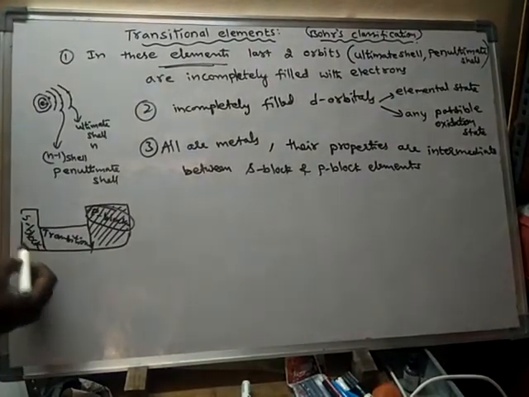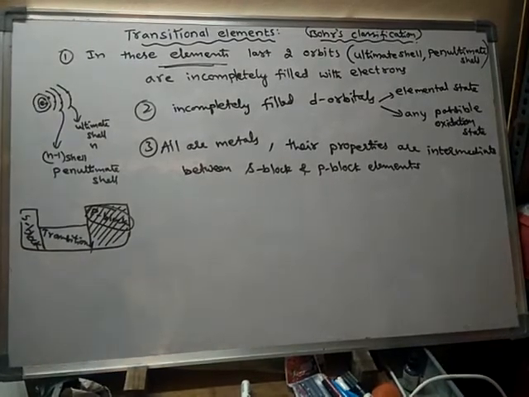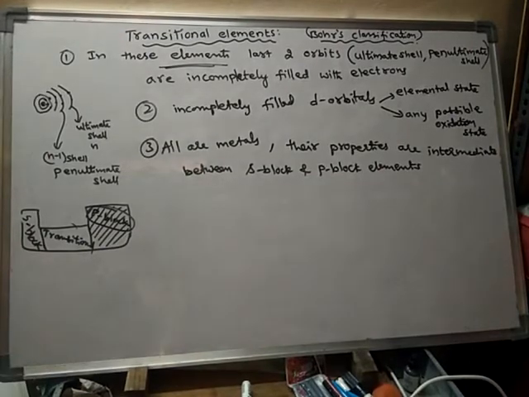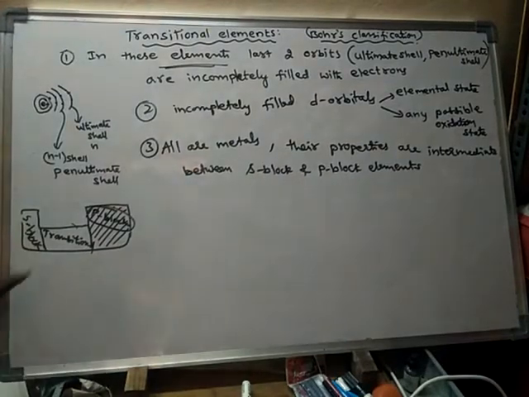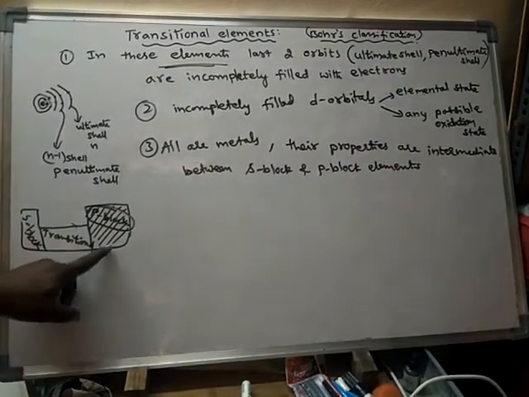Between s block elements and p block elements, transition elements are located, and these elements are weak metals. All are metals, but weak metals. Their properties are intermediate between s block and p block elements.